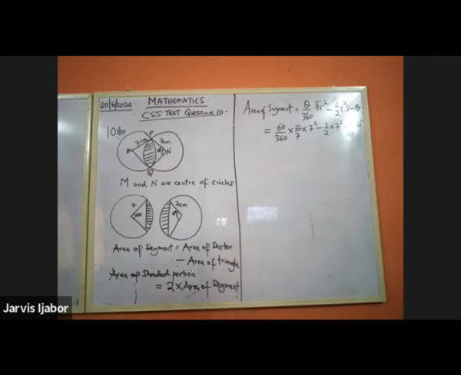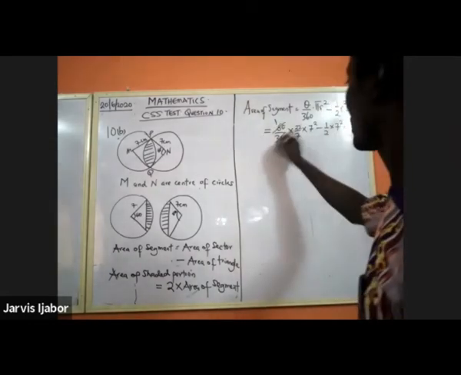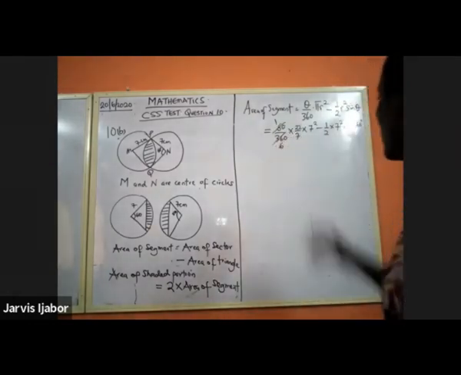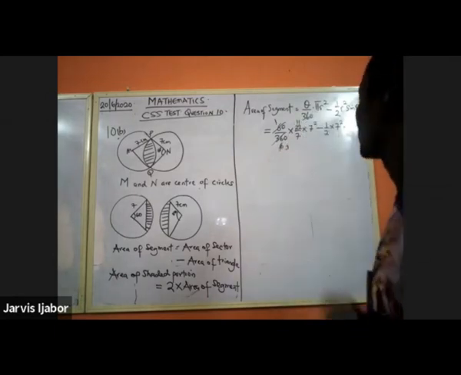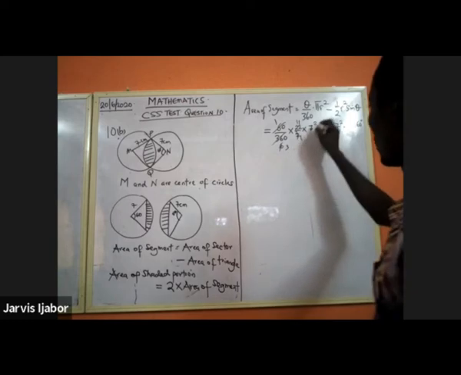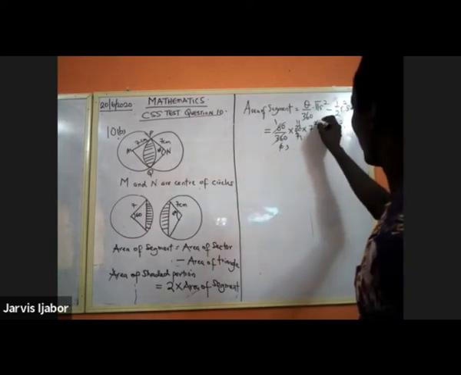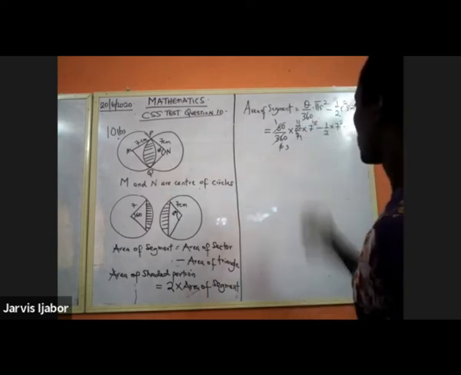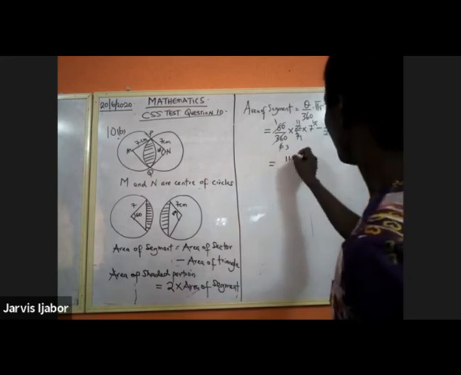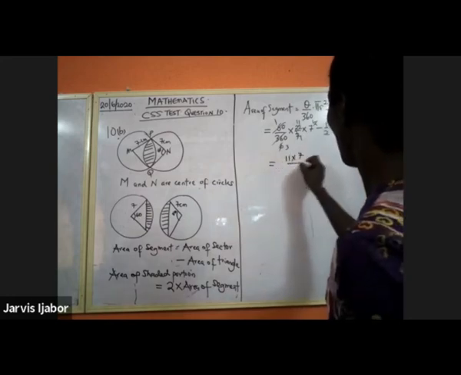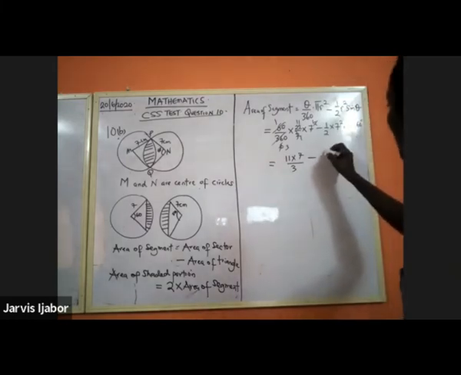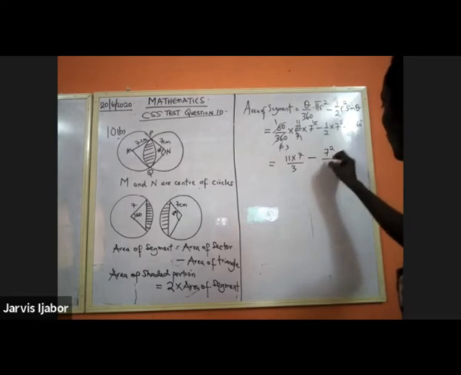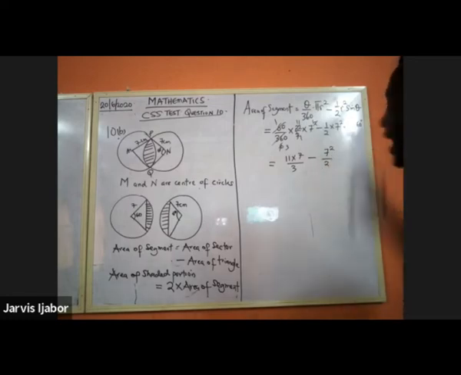All right, so look at this. This will go with this 6, this will go here 3, this will go here 11, and 7 will go here 1, and 7 here 1. So what you're going to have will be 11 times 7 over 3 minus 7 squared over 2 times sine 60 degrees.